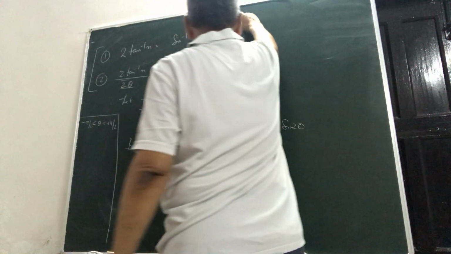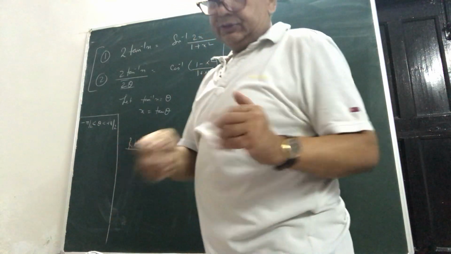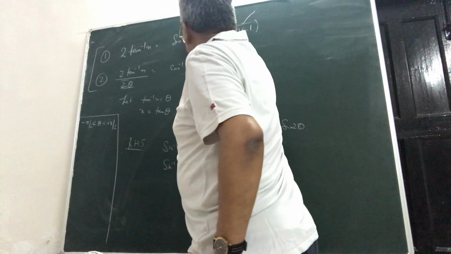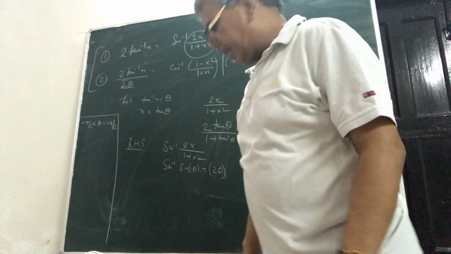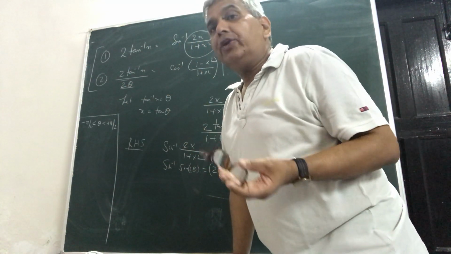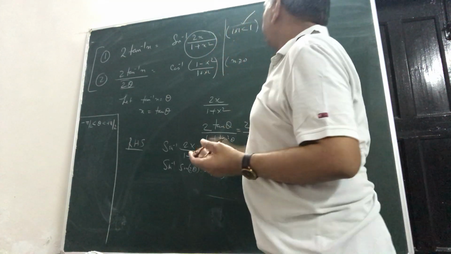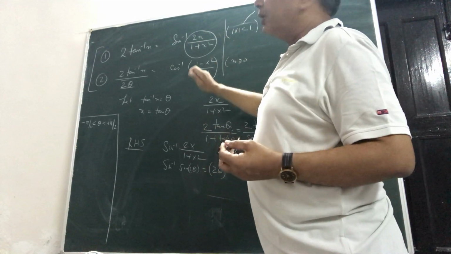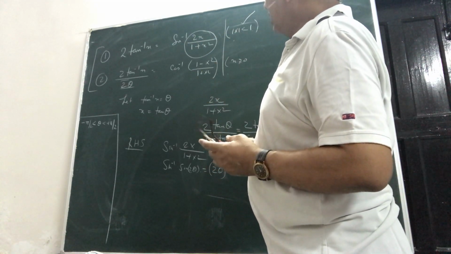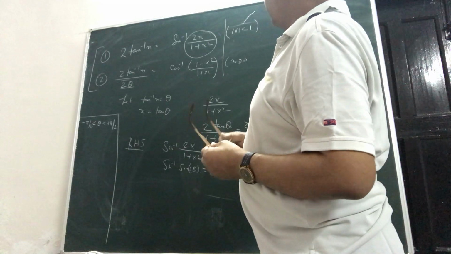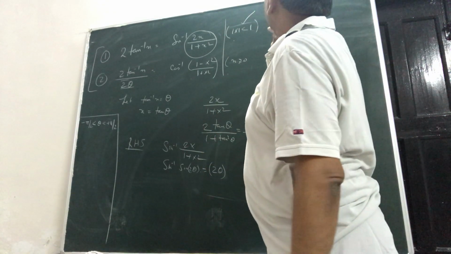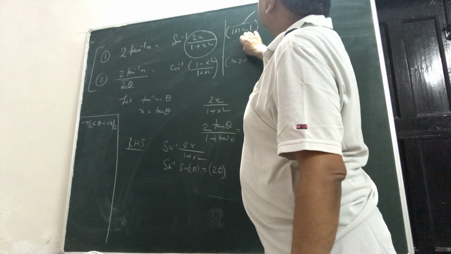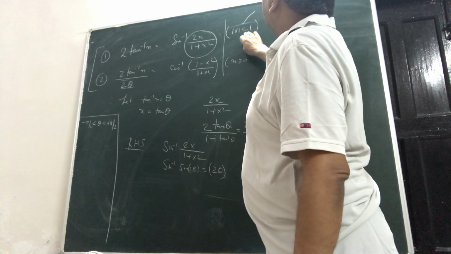Now why have you written mod x is less than 1? You have nowhere used it. Yes, because for the simple reason that 2x upon 1 plus x square has its value needed to be between minus 1 and plus 1. If mod x is greater than 1, then it could be problematic at times. Whether it will be problematic or not, we have to look into.